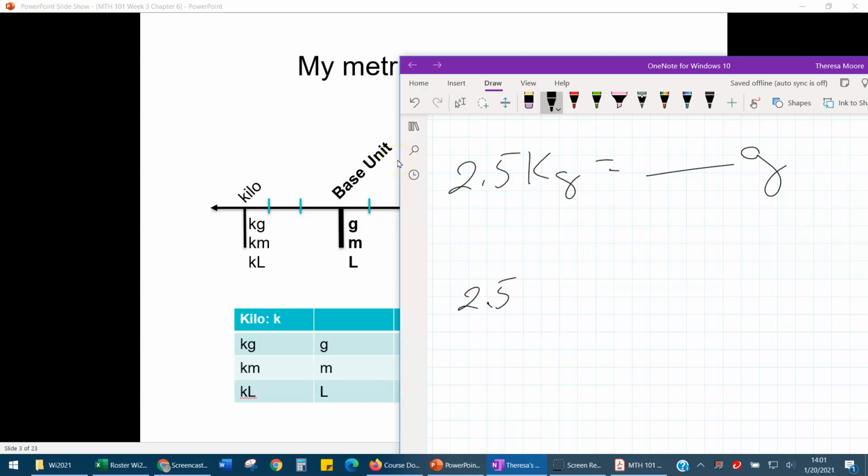So 2.5, and I go to the right 1, 2, 3. Your point would be right here. So 2.5 kilograms is equivalent to 2,500 grams.